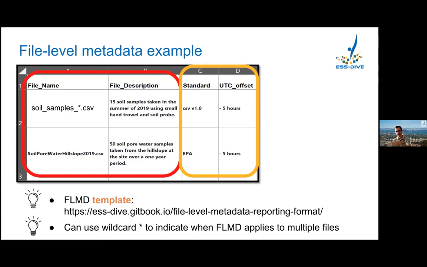If the same UTC offset, latitude, longitude, and all of that apply to multiple files, you can just use an asterisk to tell us, hey, soil samples file number 1, soil samples number 2, 3, and all of those have the same file level metadata for the most part. So there are some ways where you can avoid creating many different rows for many data files. There's a little shortcut here.